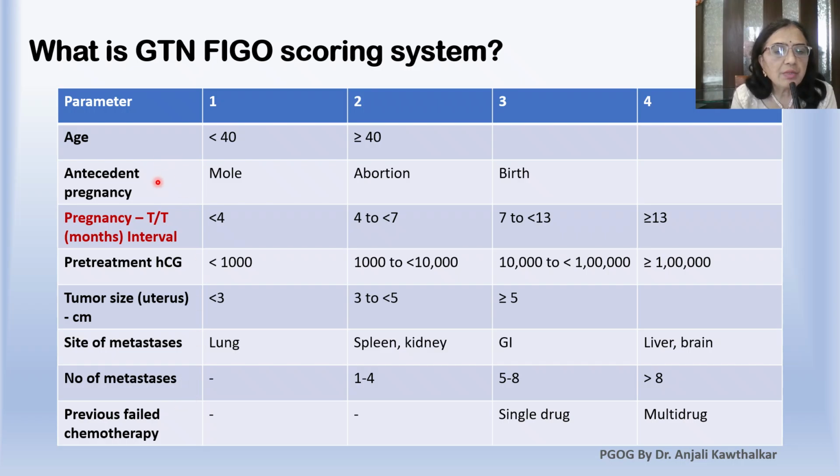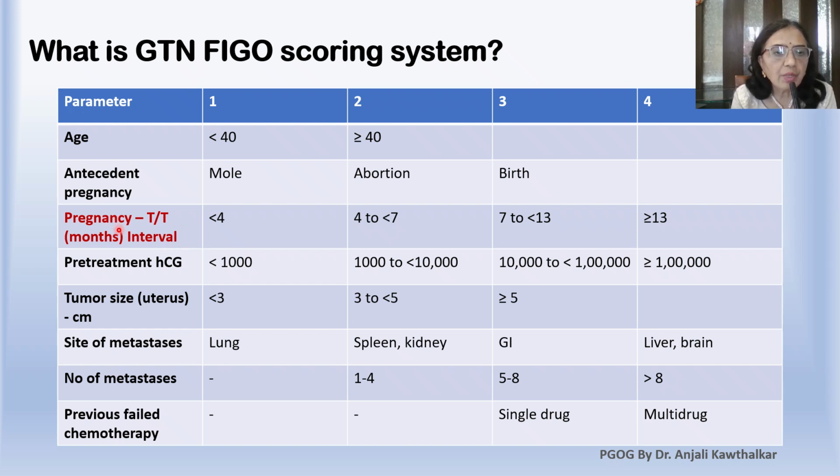First is age, other is what was the antecedent pregnancy, third, how much was the time interval in months between the pregnancy occurrence and initiation of treatment is most important. I have given it red color because it is supposed to be the most important prognostic factor which decides the outcome in a case of this GTN.